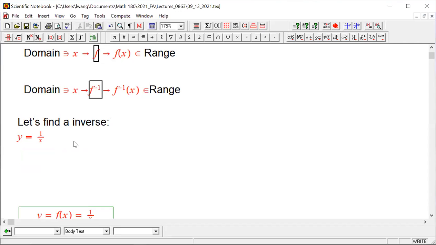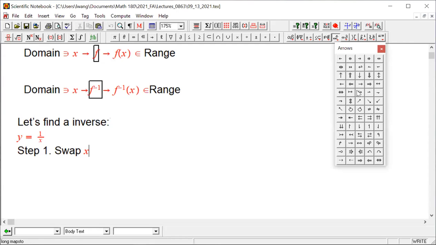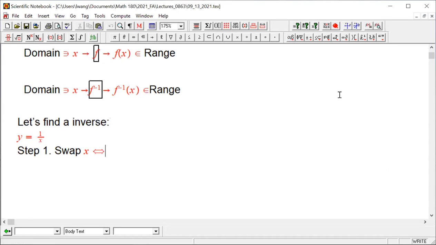The first step, step one, is swap. In the past, you might have learned, we swap x, y. What does it mean swapping x, y? The places of x and y switch places.